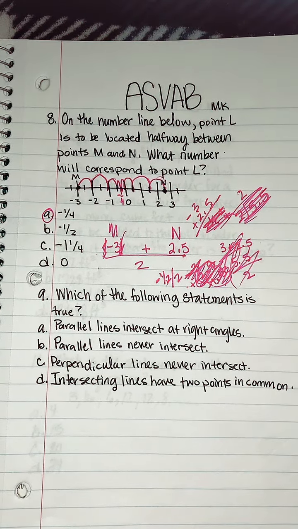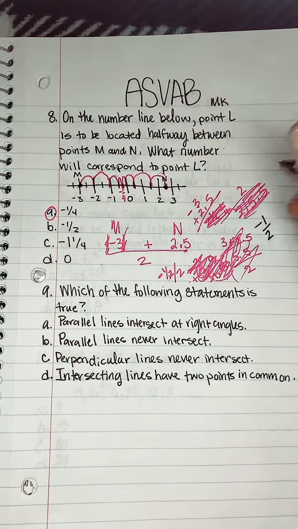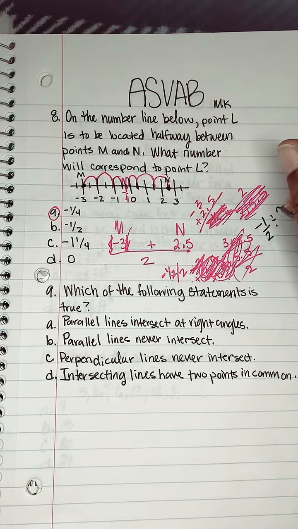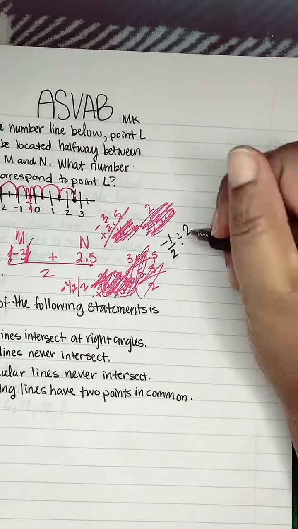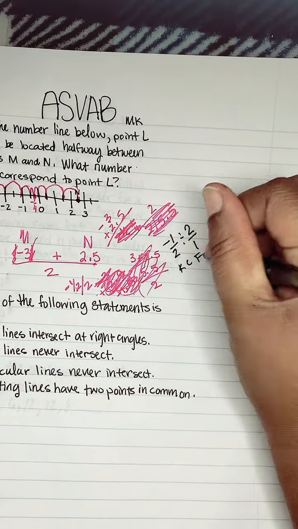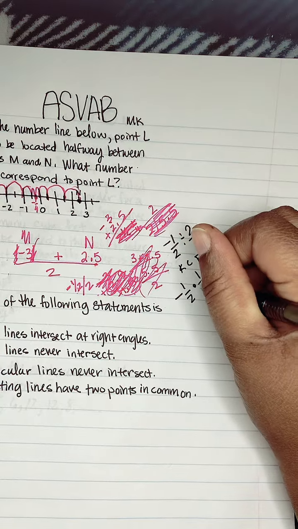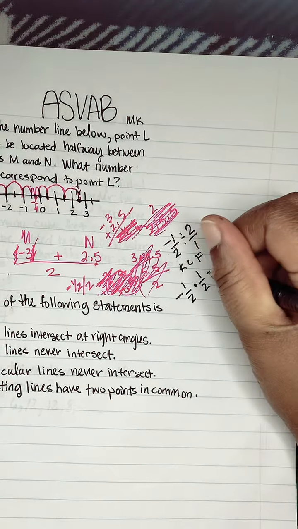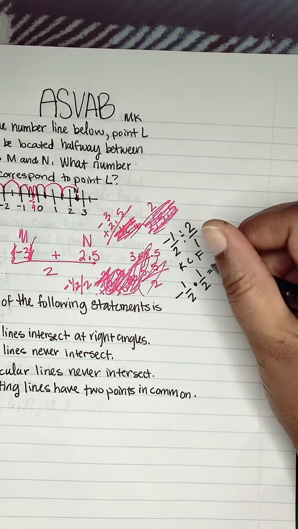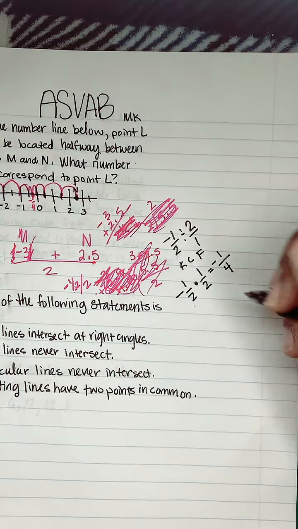Oh, you guys, killing you guys today. Sorry. So we would get -1/2, and then we would divide it by 2. Okay, so this is 2/1. So remember, we keep, change, flip, and we get -1/2 times 1/2. And then -1 times -1 would give us -1. 2 times 2 would give us 4.